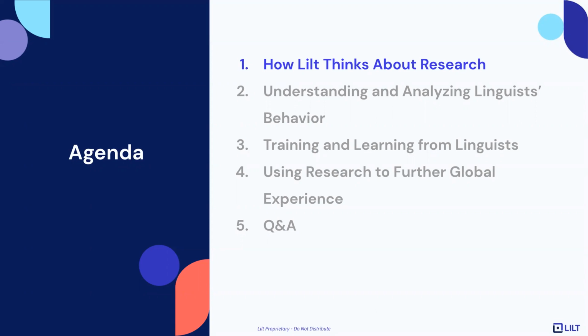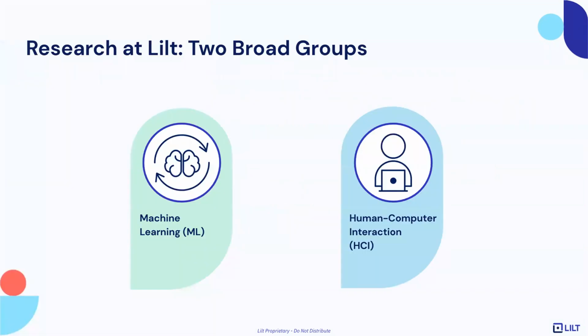Okay, I know that was a super future amazing world thing, but bringing it back to Lilt. I'm really lucky to be working with some amazing colleagues, not just across Lilt, but also in the research groups. The way it's structured at Lilt, we have two broad subgroups of researchers. We have the machine learning group, and their bread and butter is really thinking about the algorithms, right?